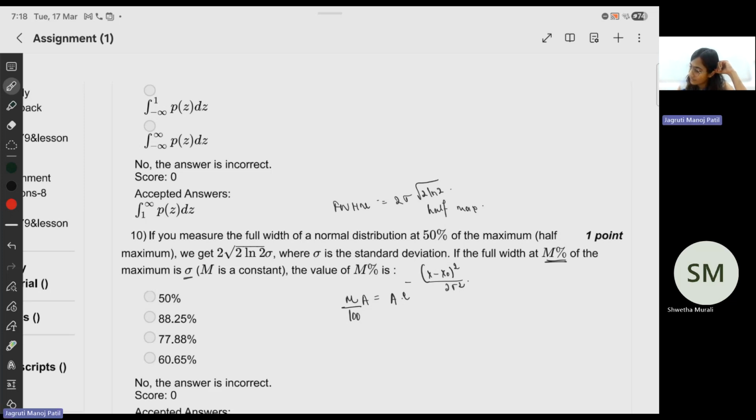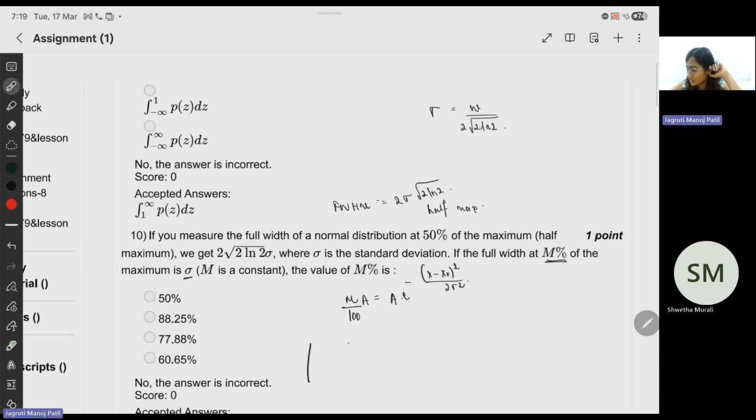Then he's saying full width at m%. So what was our formula for full width? Let's see. Why did we do it? Full width was something as sigma is equals to W by square root of 8, which is nothing but 2 into ln 2, right?